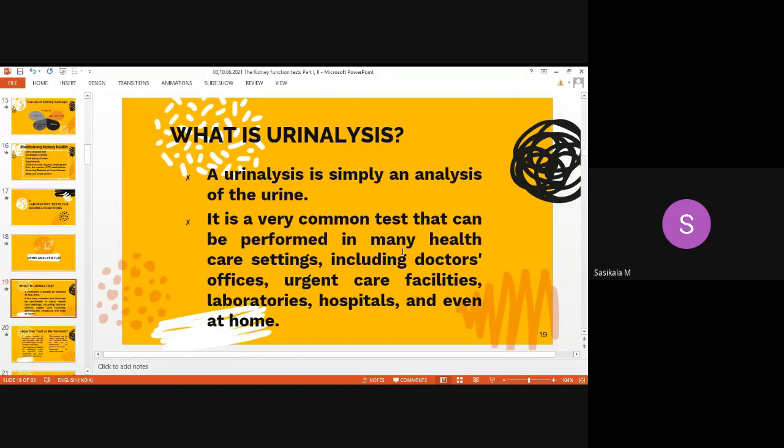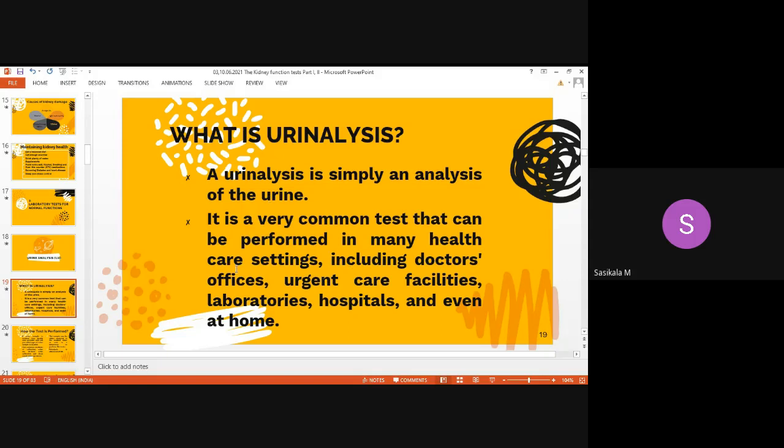So it is a common test that can be performed in many healthcare settings, including doctors' offices, urgent care facilities, laboratories, hospitals, and even at home. So these are all the situations where urine sample is analyzed.